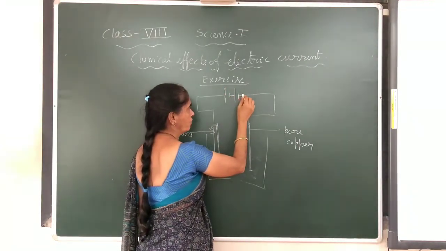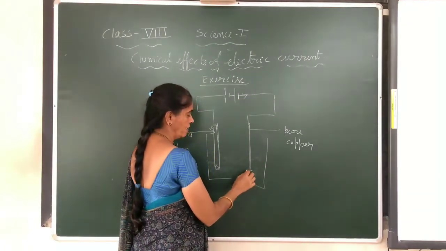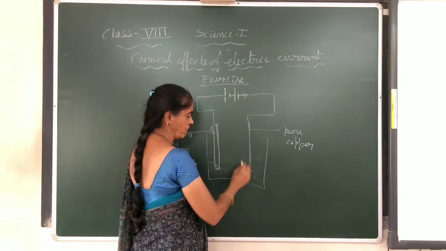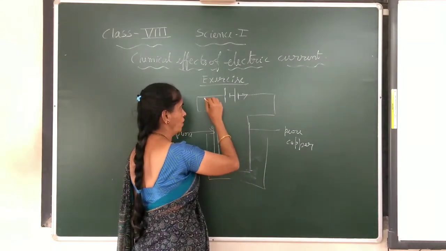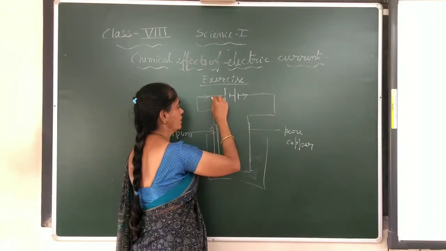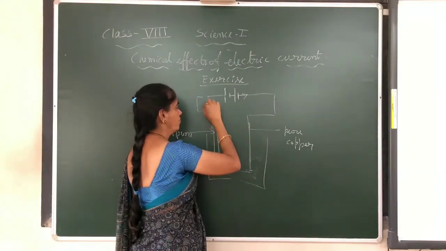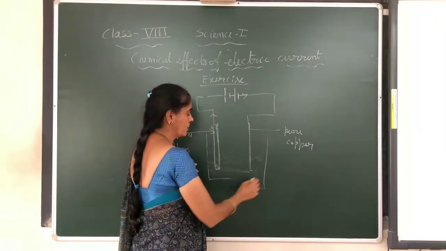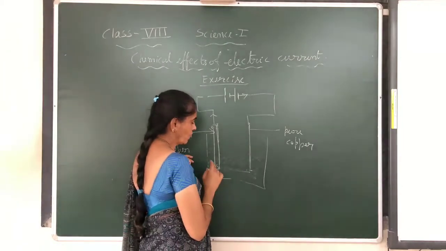Now when current is flowing in this direction, the electrolyte we have taken is a good conductor, so the current will flow like this. When the current is flowing, it will bring some chemical changes, and electroplating is one such chemical change.